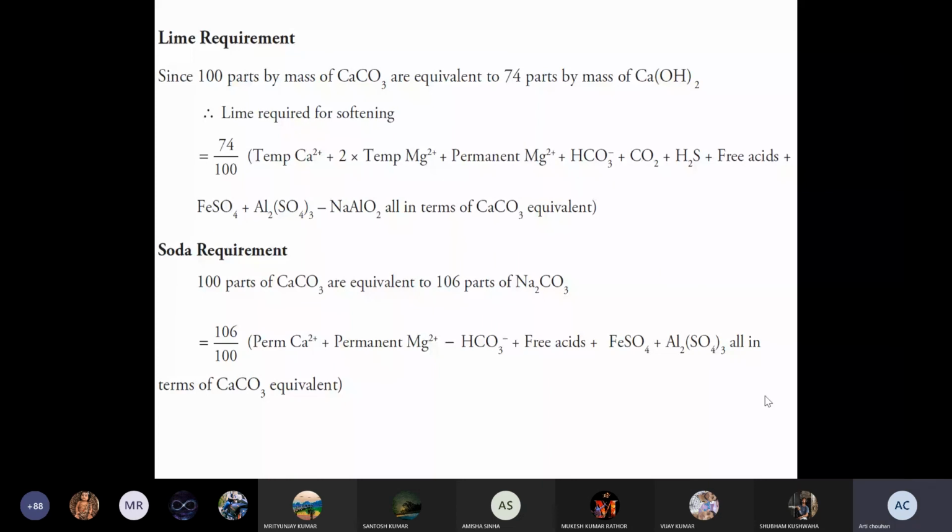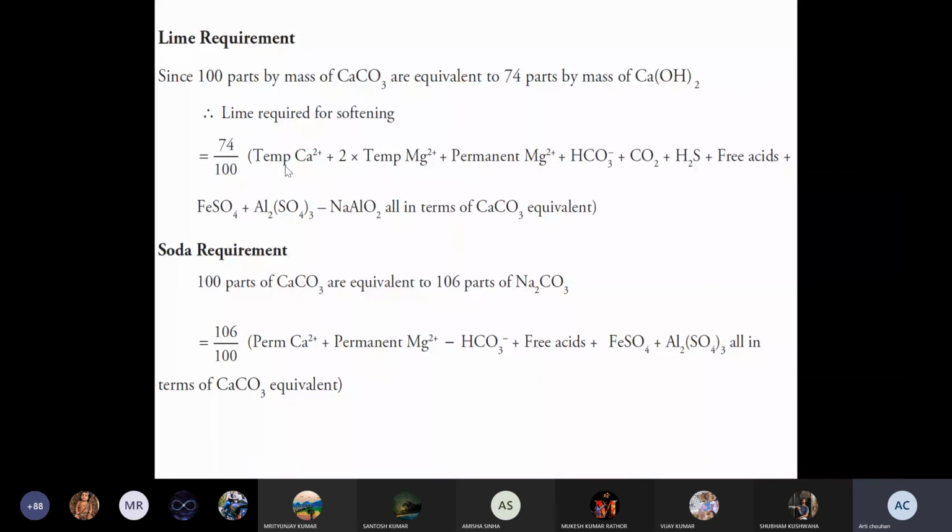So after adding all these substances where lime is used for the softening process, just add all the values and you can calculate the lime required for that softening process. So you can tally those substances which actually use lime for their softening process.